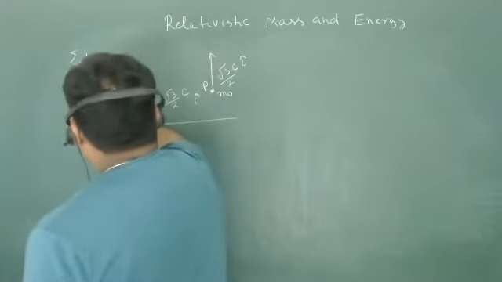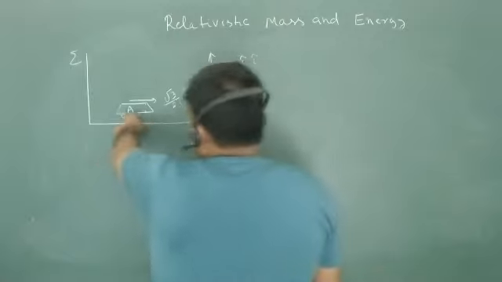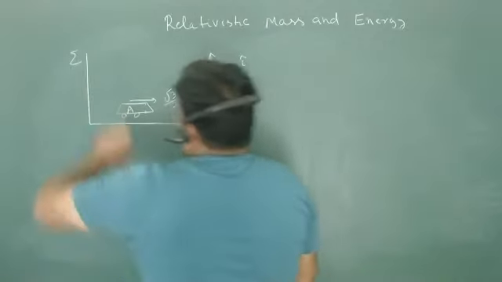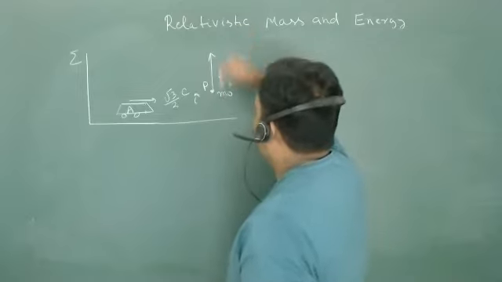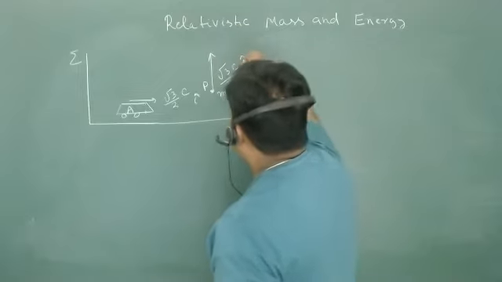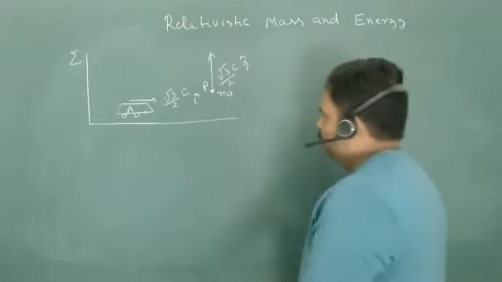and let's say this car is A. Okay, the rest mass is m naught. The speed of A is given with respect to sigma, and this particle is moving in the j cap direction.